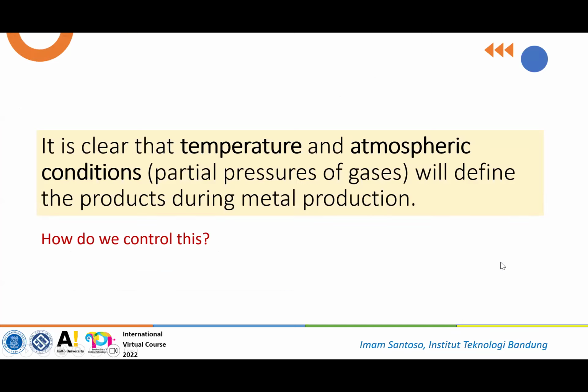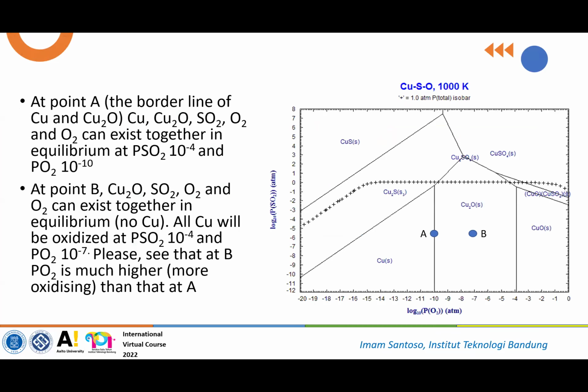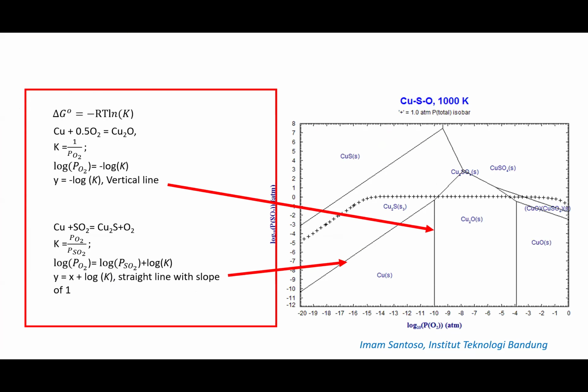Okay, to determine the PO2 from the K, if the coefficient didn't matter to insert, K equals 1 divided by PO2. If the coefficient 0.5 didn't matter, just one.